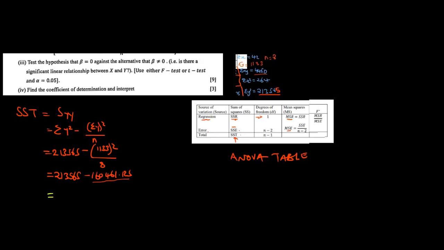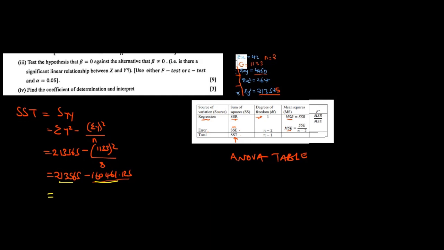So let's find now the difference between this number and this number there. So 213565 minus 160461.125.